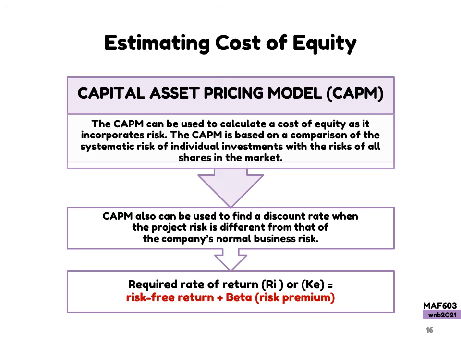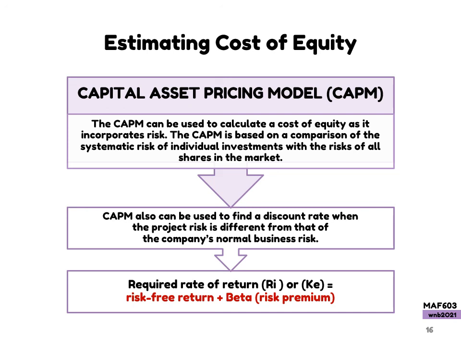Okay, so CAPM ni kita boleh juga guna bila kita nak kira cost of equity when the project risk is different from that of the company's normal business risk. For example, maybe sekarang you are in hotel and tourism industry, lepas tu tiba-tiba you rasa nak buat new project, new venture, maybe in plantation industry.